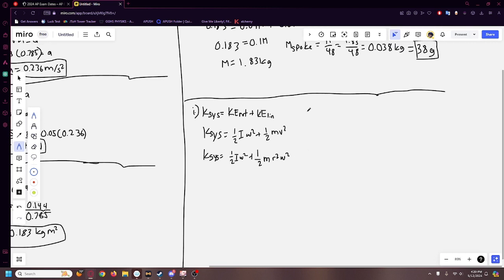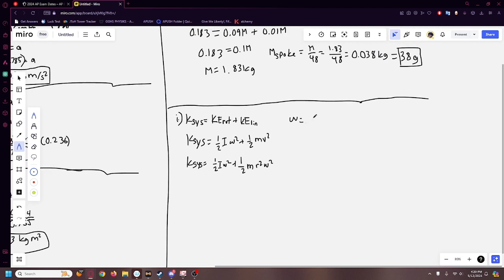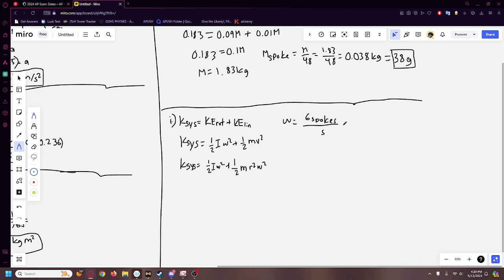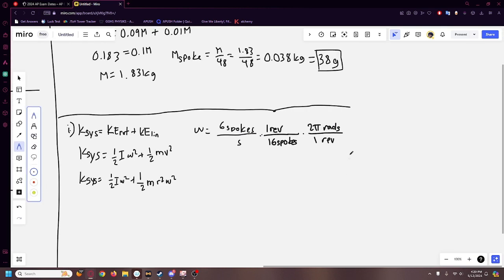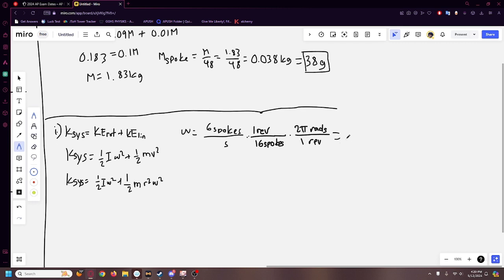Oh, the omega at 3 seconds is 6 spokes per second times this. And this is equal to about 2.36 rads per second.